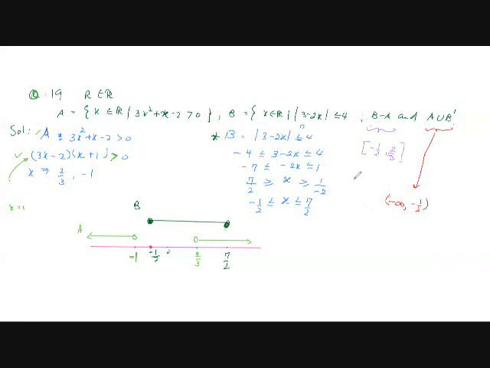This one is closed, right? 2/3 is closed, so then it has to be open, and then union with 2/3 to infinity. Okay, so this is the answer for B minus A and A intersect B complement, seen from the graph on the number line.